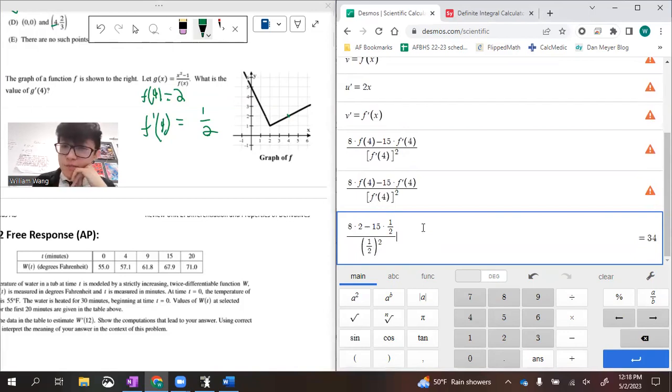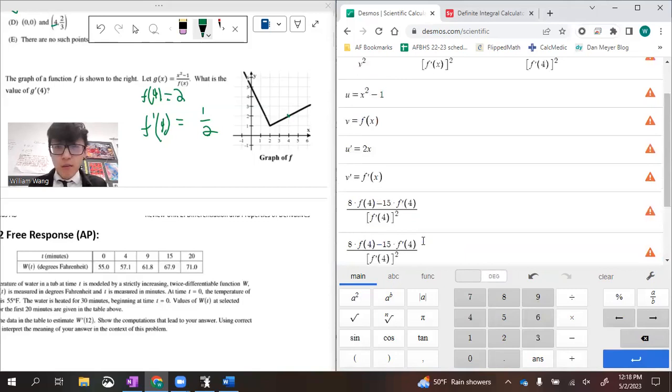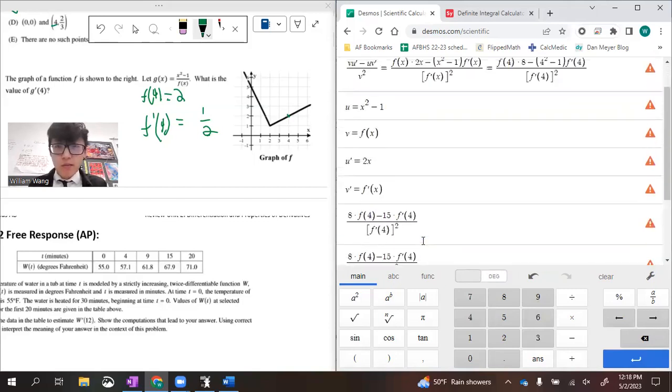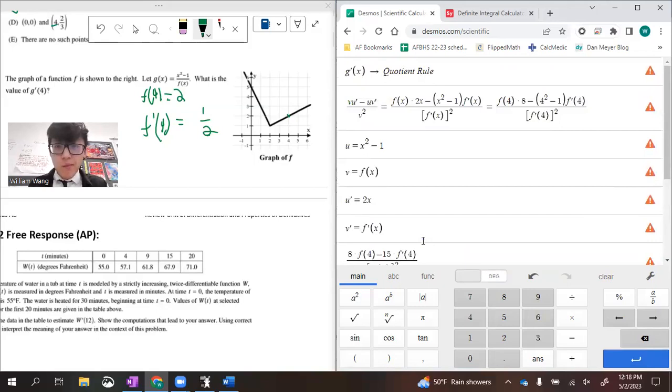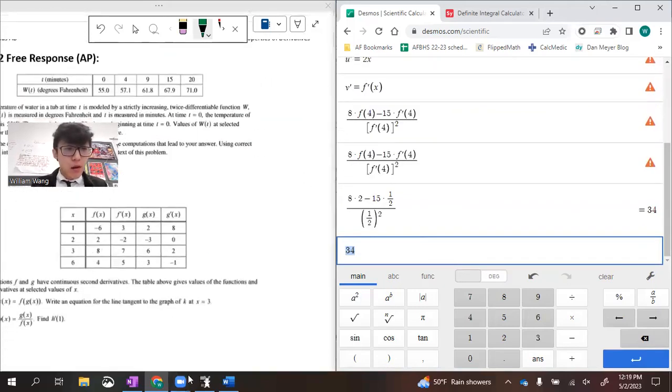I feel like that's a different answer than what we had before, so I'll double check this, but the work there should be generally correct. So I will take the answer 34. All right, cool. If you have any questions, please let me know.